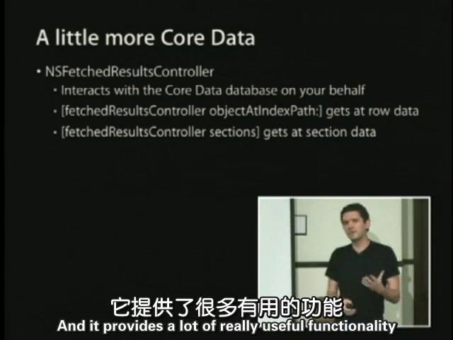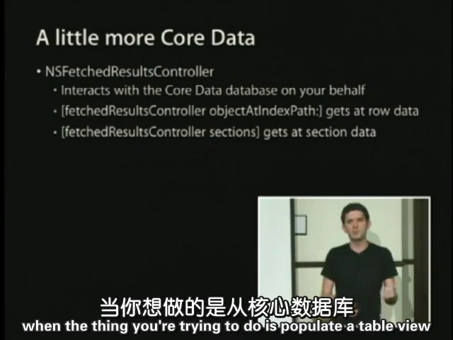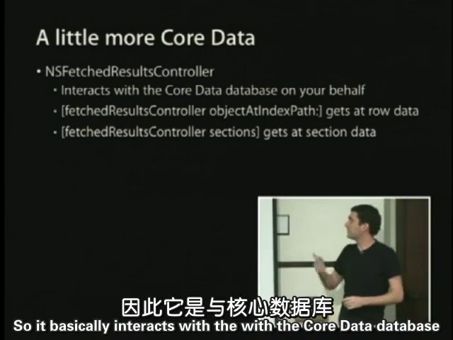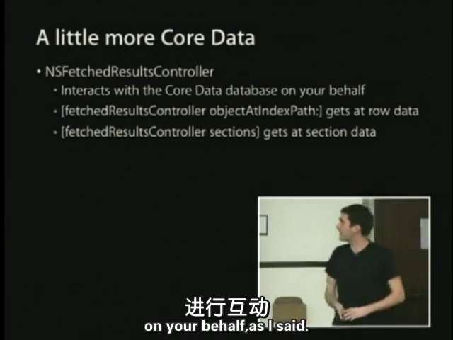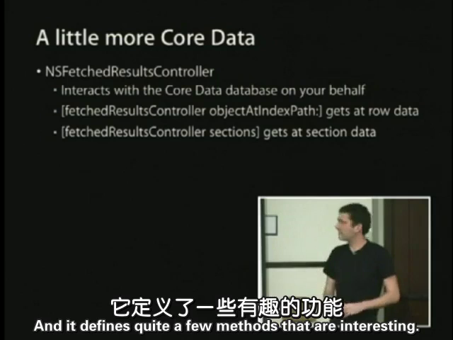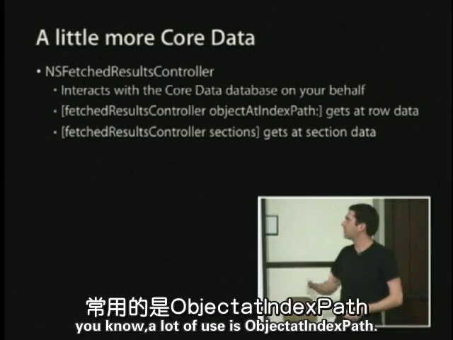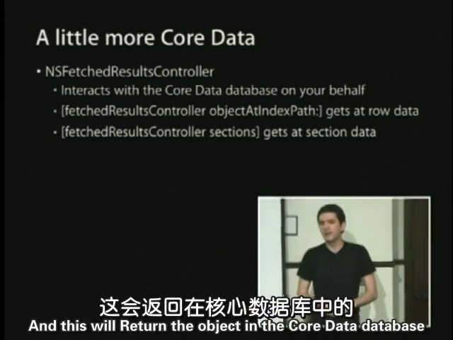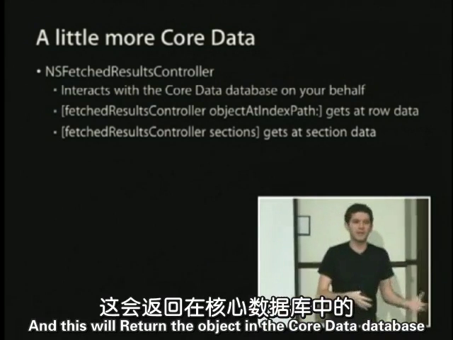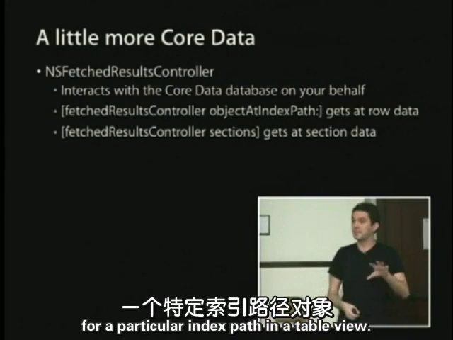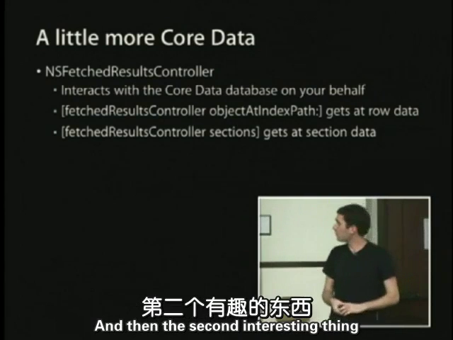And it provides a lot of really useful functionality when the thing you're trying to do is populate a table view from a Core Data database. So it basically interacts with the Core Data database on your behalf, and it defines quite a few methods that are interesting. The first one that you'll find of a lot of use is objectAtIndexPath, and this will return the object in the Core Data database that you'll want to be displaying for a particular index path in a table view.